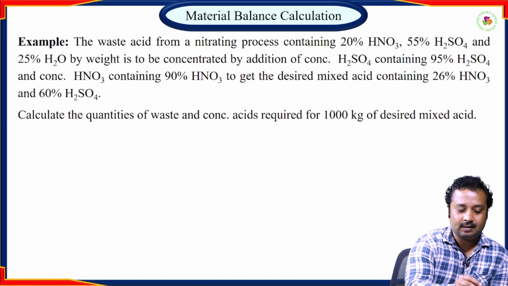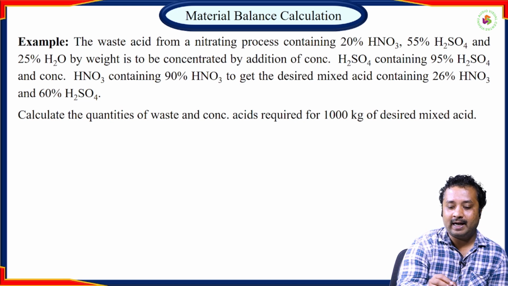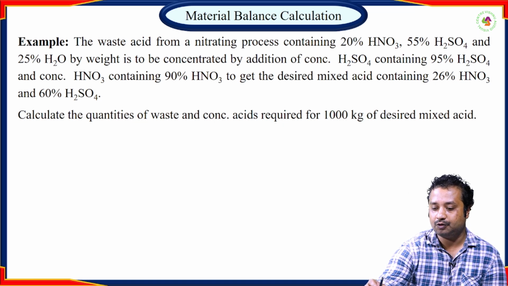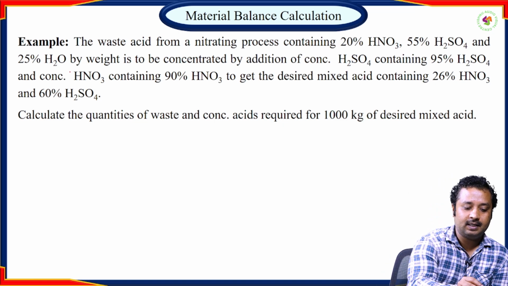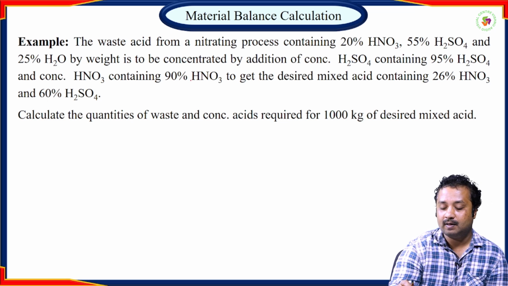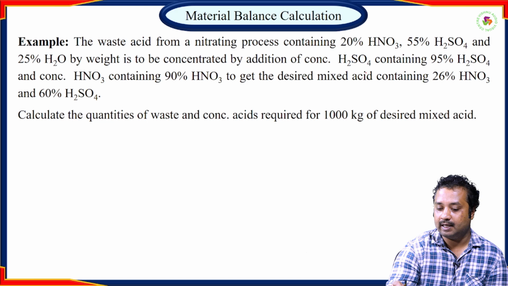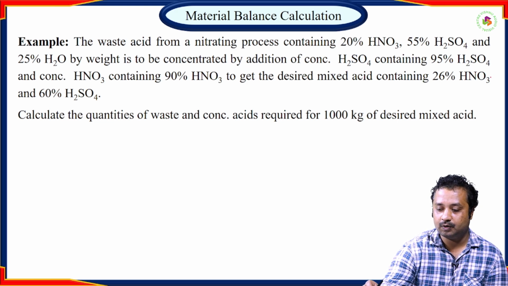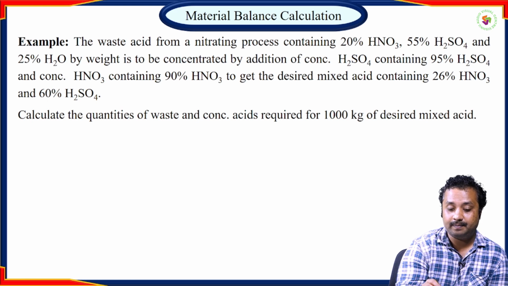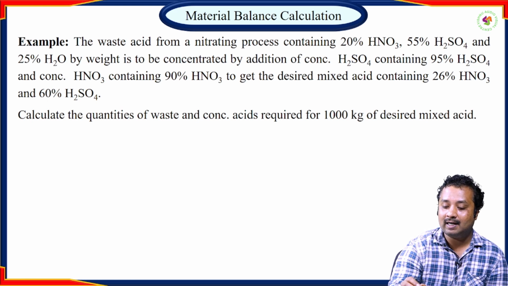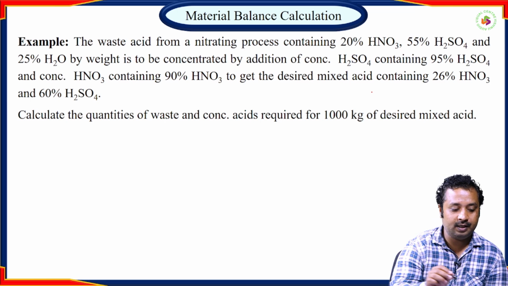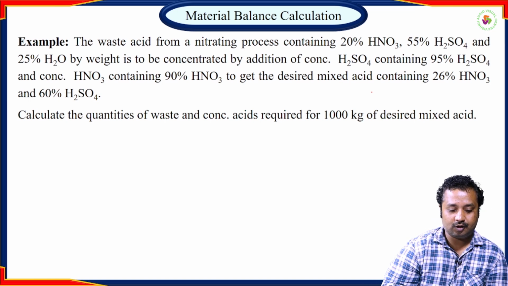The waste acid from a nitrating process containing 20% HNO3, 55% H2SO4 and 25% H2O by weight is to be concentrated by addition of concentrated H2SO4 containing 95% H2SO4 and concentrated HNO3 containing 90% HNO3 to get the desired mixed acid containing 26% HNO3 and 60% H2SO4.